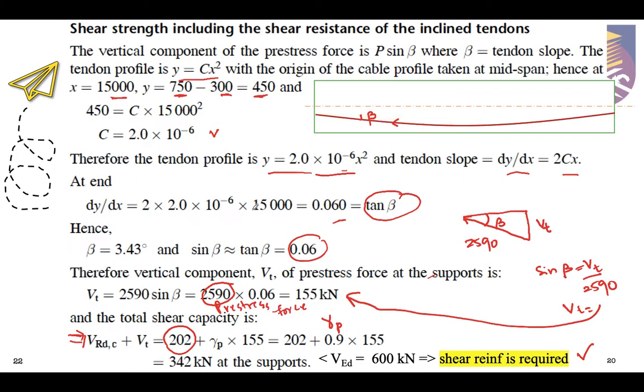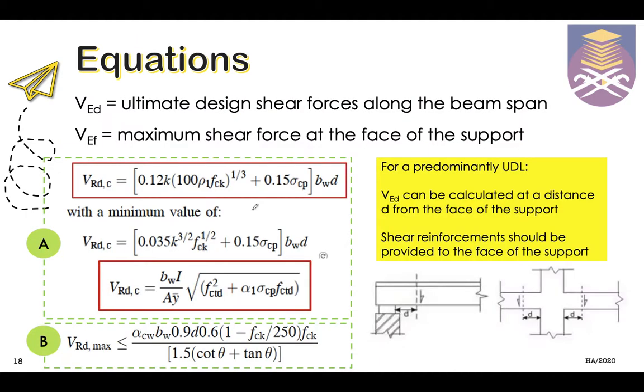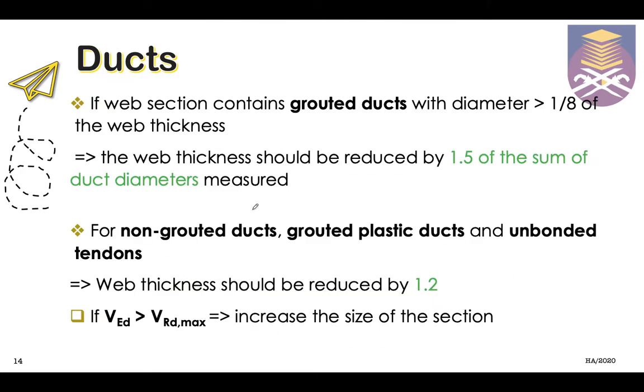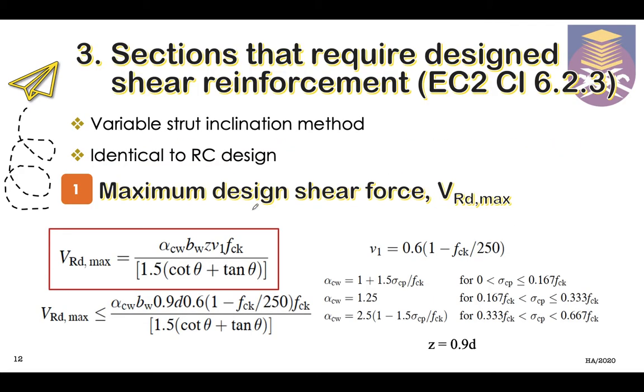If we go back to the previous slide, we can see that when we talk about the equations for VRD max, this alpha CW depends on this range.